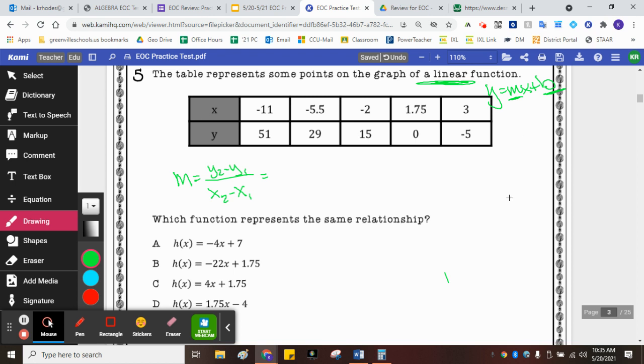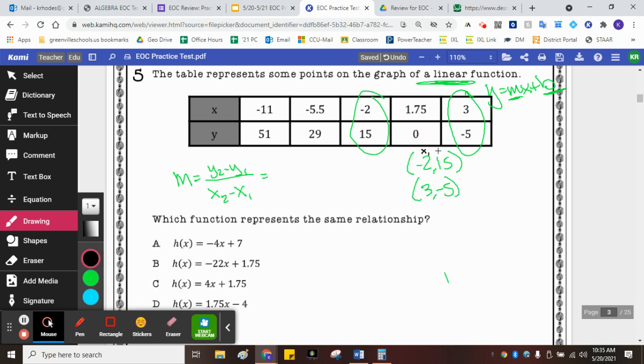Choose your favorite 2 points. I like this one because they're low numbers, no decimals, and this one, low numbers, no decimals. But you can choose whichever of the points on here. So we have -2, 15, and 3, -5.